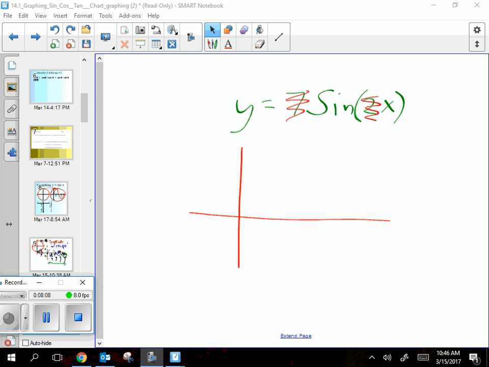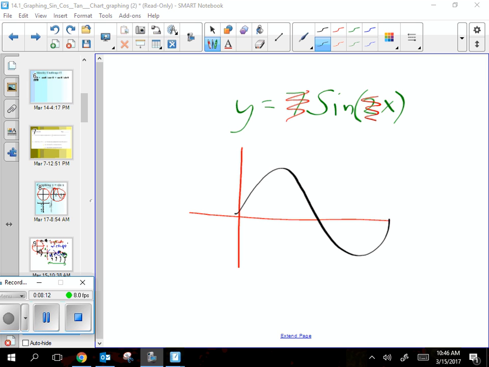All right, so the original would have gone like this and would have hit a high of 1 and a low of -1. My high might be going up a smidge too high, but anyway, I think you get the idea. And then it ends at 2 pi. So normal period of these things is they finish up at 2 pi. With me so far? Right, then I can take half of 2 pi, and that's pi. And then I can take half of that, and that's what?